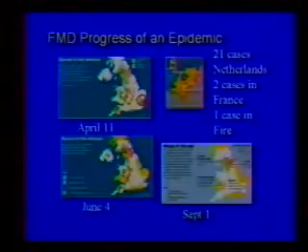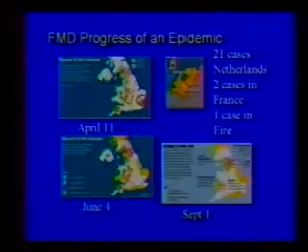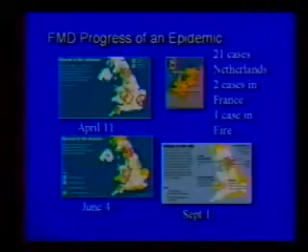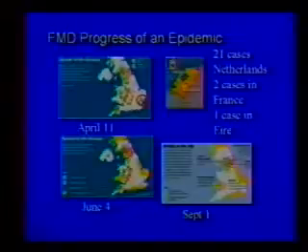Well, how extensive and how rapidly did this epidemic spread within the United Kingdom? Well, the disease first started down here, was first recognized, let's be more accurate, in an area called Essex, but truly, while it was recognized in an abattoir here, the origin of the disease was up here in Northumberland.